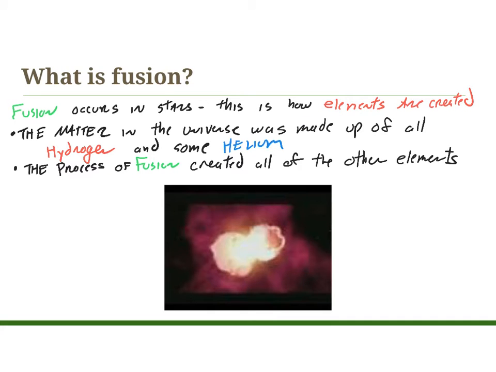So there are some elements that are man-made, and those were not created in stars. But the rest of the elements that are naturally occurring were created through this process called fusion. This right here is a video clip that explains how fusion works in a little bit more detail. I would like you to pause this video, go back to Google Classroom, and click on the link that is attached to this post. Watch the video, it's roughly 6 minutes, and then come back and finish the notes.